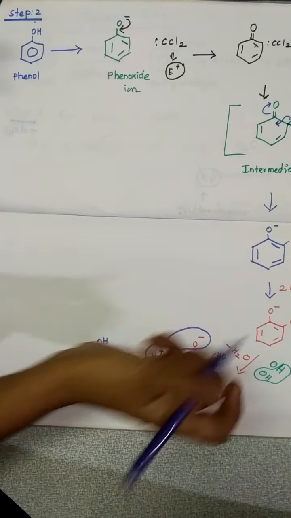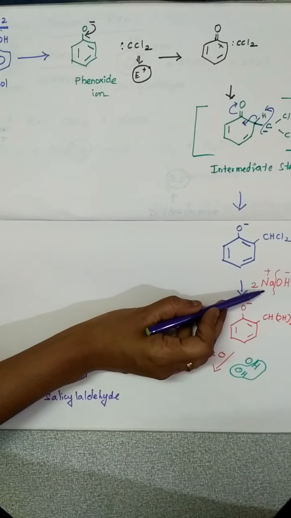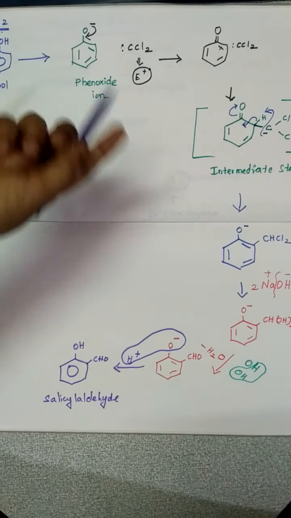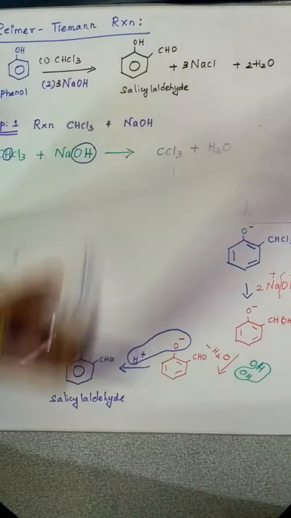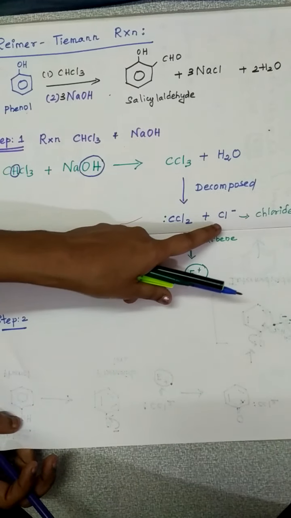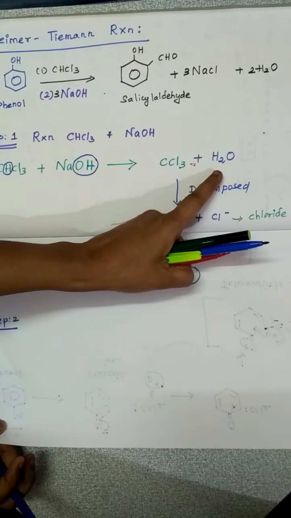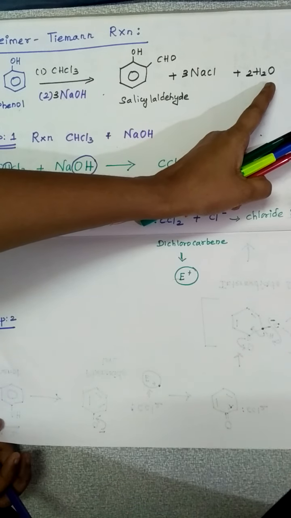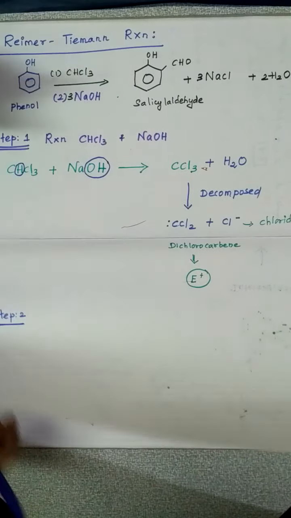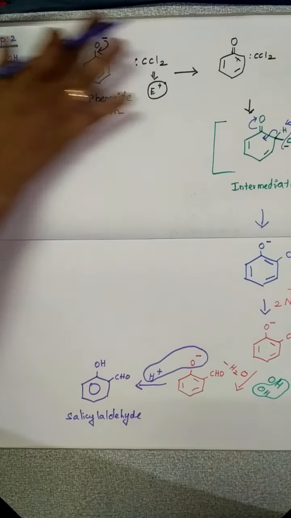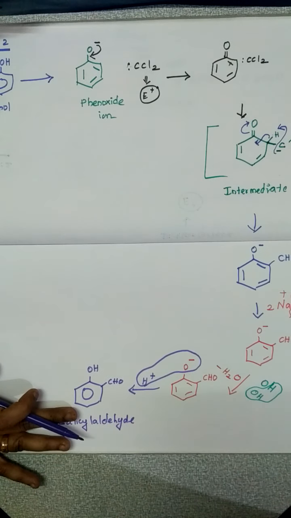The remaining Na plus combines with the chloride ion formed in the first step and is removed as NaCl. The removal of water I have also shown. So this is the mechanism of the Reimer-Tiemann reaction.